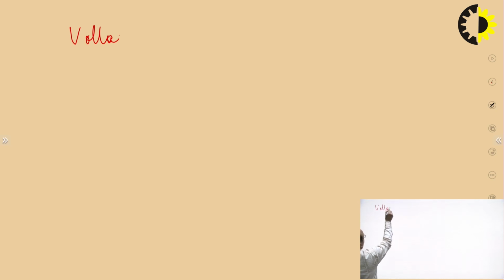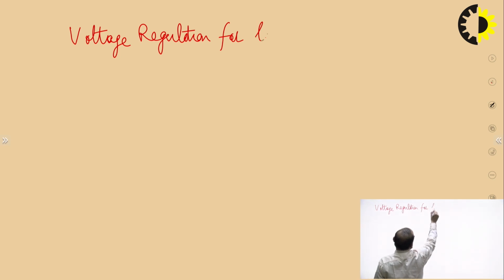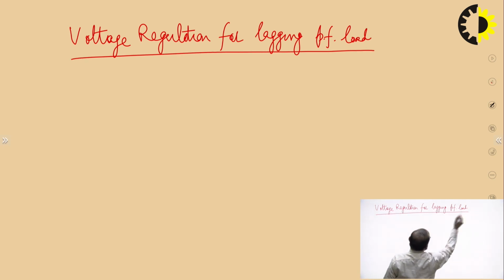Now, if we see the derivation for voltage regulation, we can derive this for a lagging power factor load. So, we have a transformer which is represented like this.